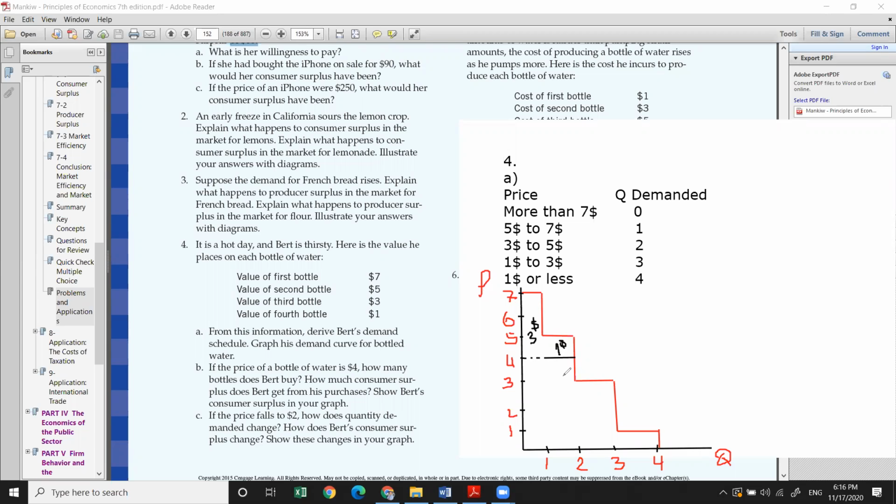In this case, the total consumer surplus is equal to $4. This is for the first bottle, and this is the consumer surplus for the second bottle.